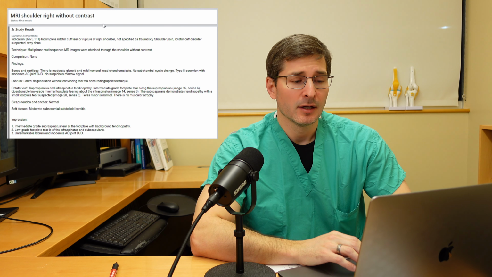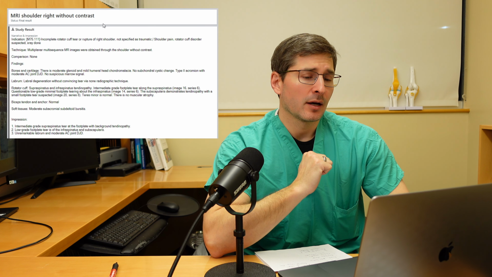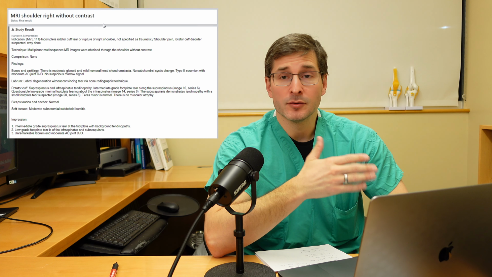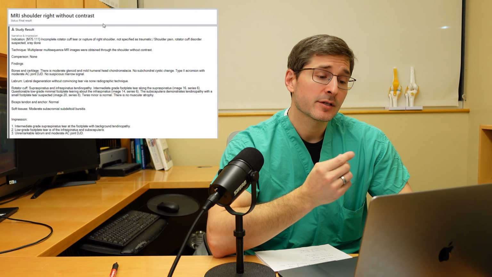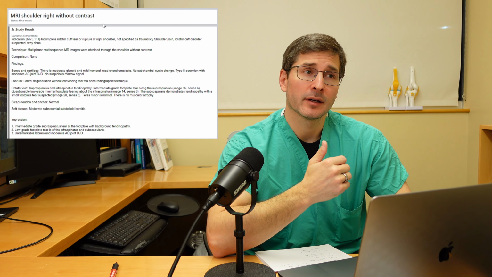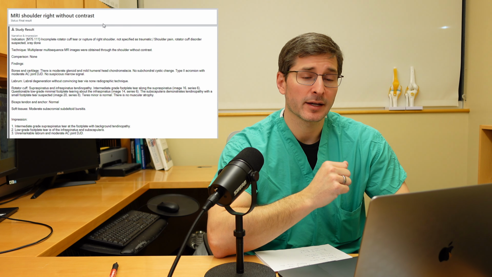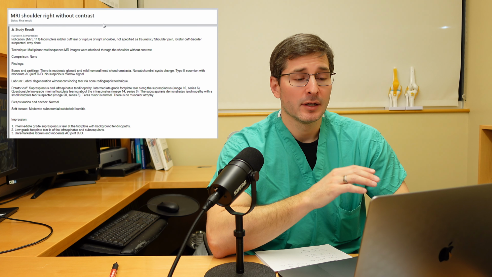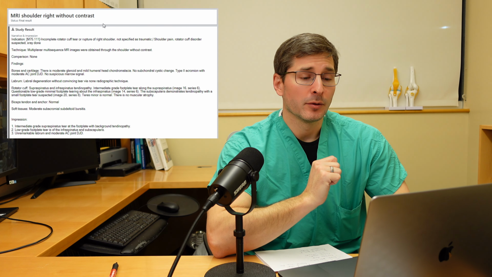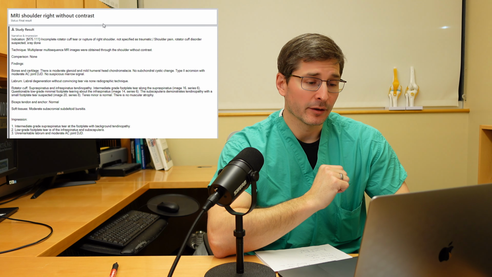For rotator cuff problems, you typically do not need contrast, but if you're looking for labral tears, like in a shoulder dislocation or something like that, a SLAP tear perhaps, adding the contrast inside of the shoulder can be helpful to see that a little bit better.